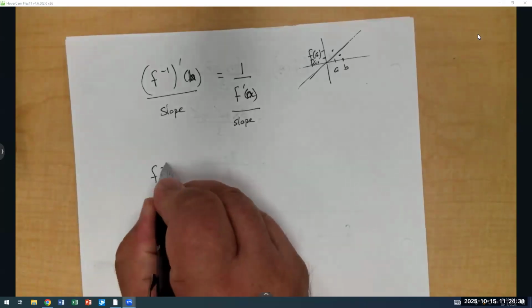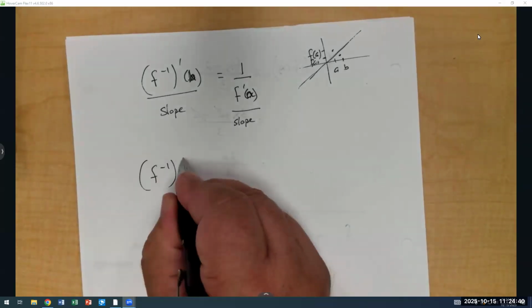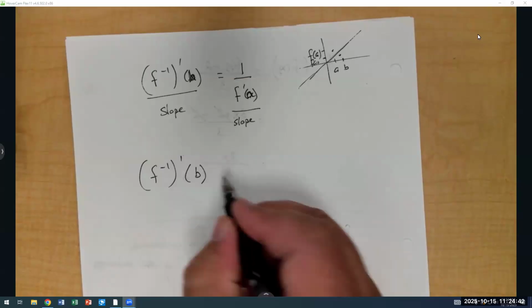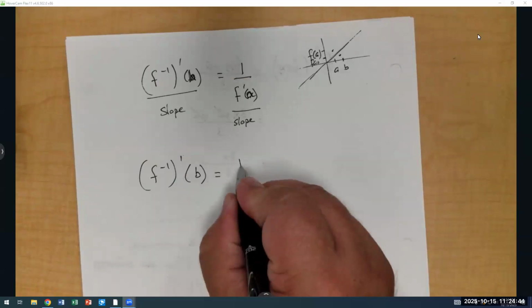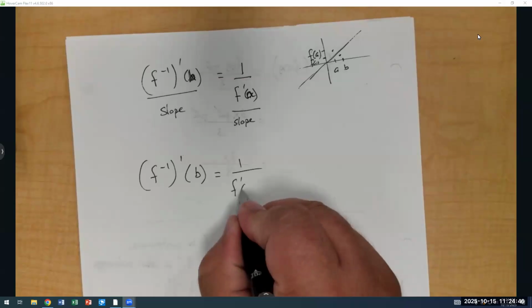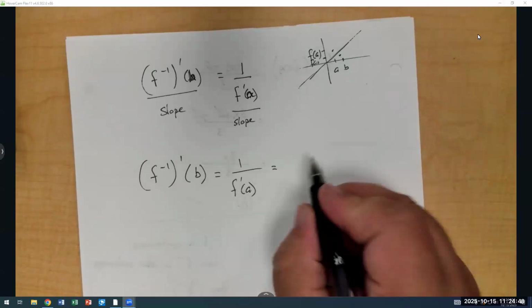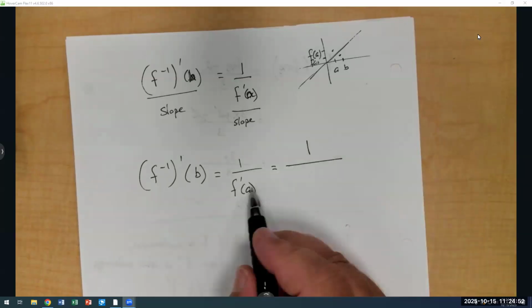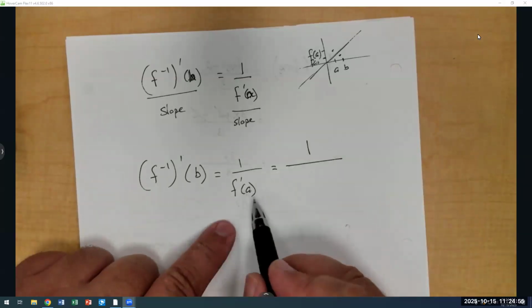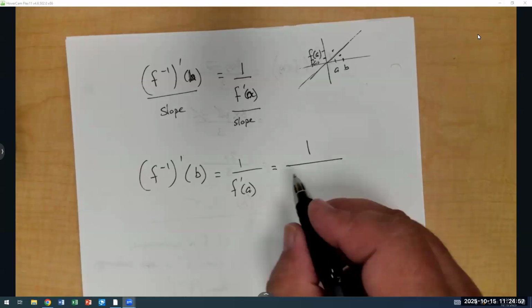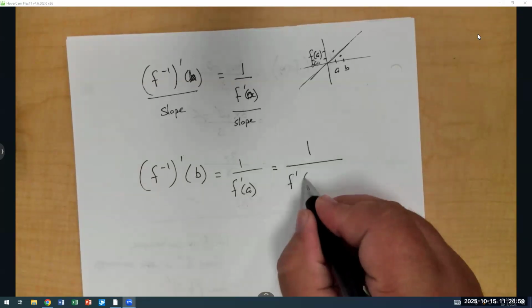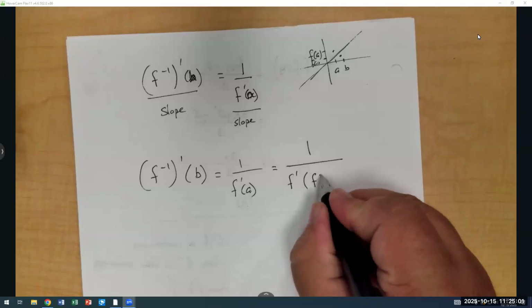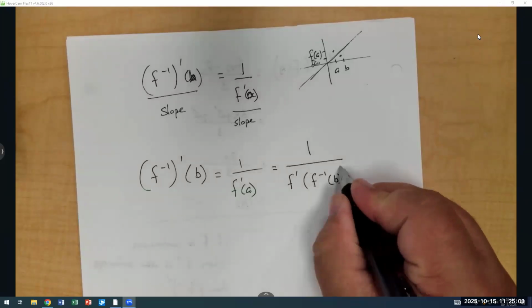So what we have right now is the derivative of our value at b, the second point, is 1 over the derivative of the first point. So what exactly is this first point? Well, that's the derivative of the value of the inverse.